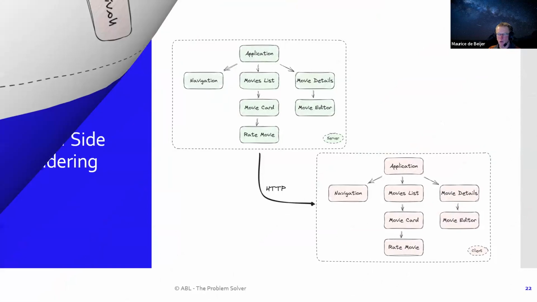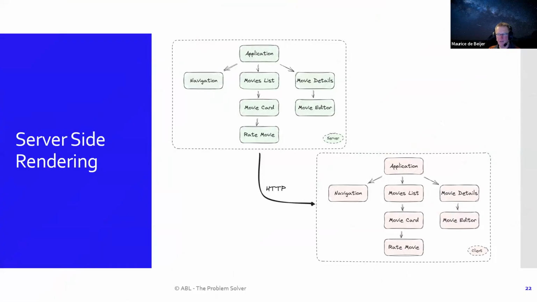The server basically didn't really do anything there. Now, traditionally, we also had server-side rendering, and if you use something like Next or Remix, or you had your own server-side rendering setup, you might have something like this, where all of that would render on the server, and then ship all of that as HTML to the client.